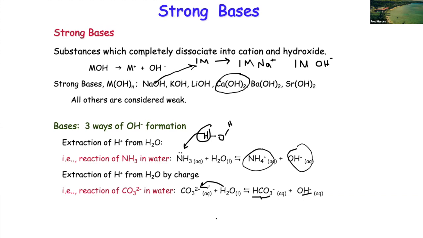If you have a basic solution, the product is generally going to be hydroxide. You know you have an acidic solution because the product is going to be hydronium. The dominant species in the solution is going to dictate whether it's acidic or basic.